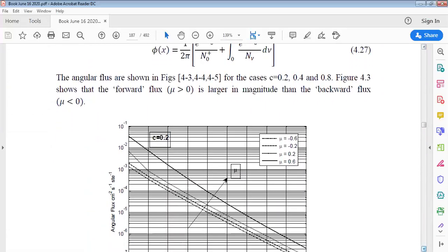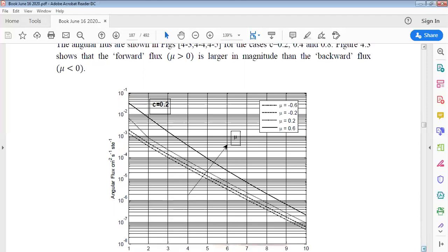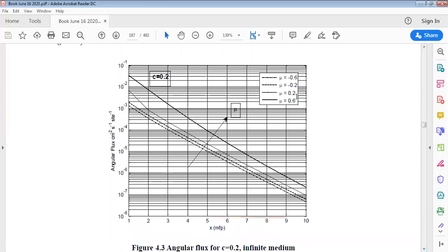Now, angular fluxes are shown over here for various cases of c. As I said, mu going from 0 to +1 is the case of forward scattering, and from -1 to 0 is the case of backward scattering. These lower graphs which you see over here are the backward scattering, and this dot and this solid curve is the forward scattering case.